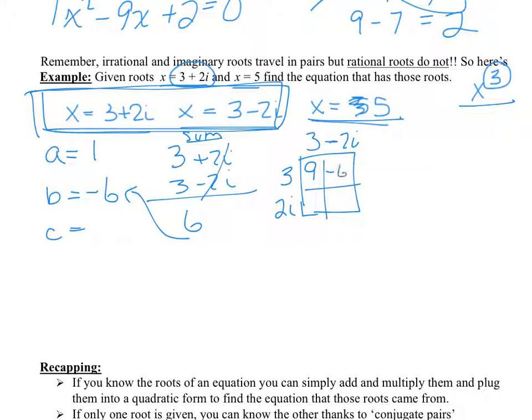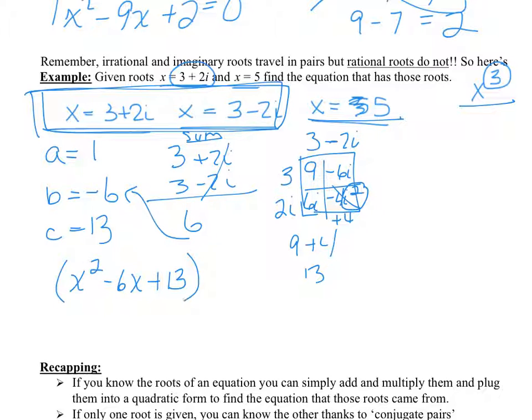So it's minus 6i plus 6i, and this is a negative 4i squared. Remember, i squared is negative 1. That makes this a positive 4. So it's 9 plus 4, or 13. So 13 goes here. If these two were just the equation, it would be x squared minus 6x plus 13 equals 0.